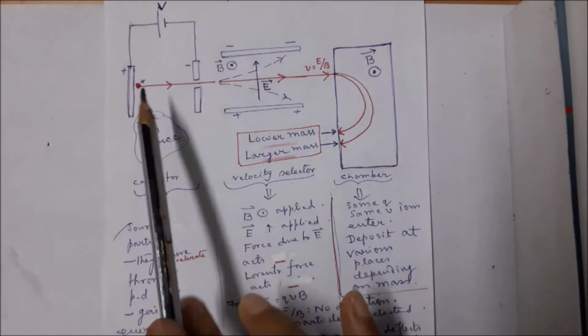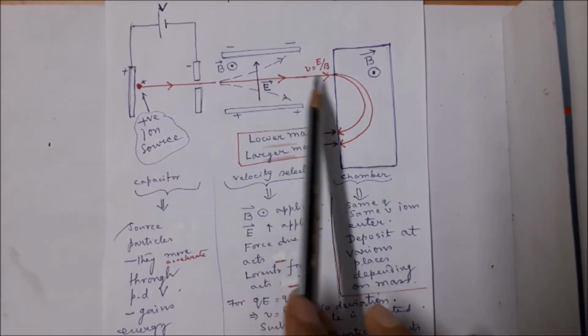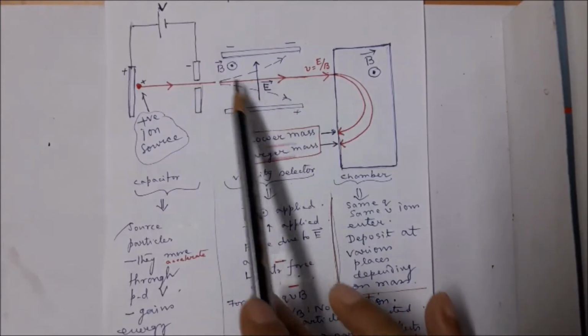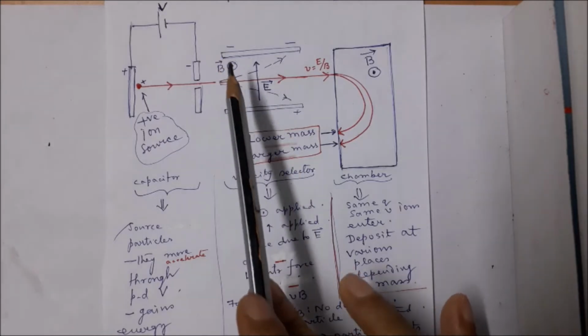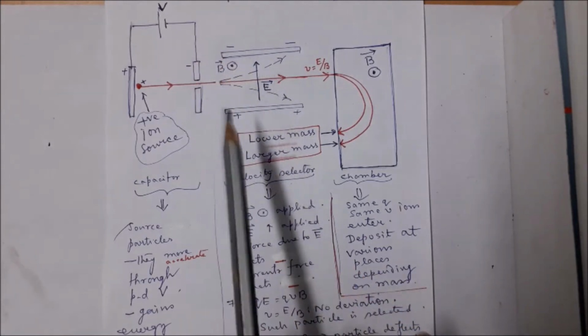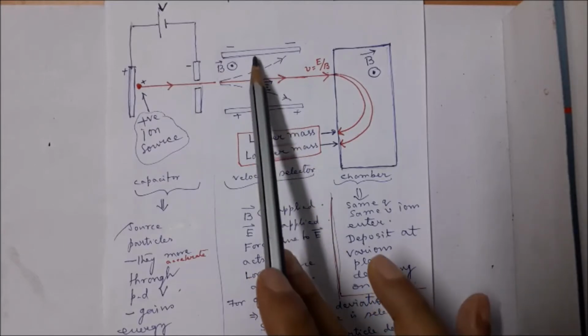The particles now pass through the velocity selector, where a magnetic field B is applied in the upward direction, say, and an electric field is applied in this direction from plus to minus.